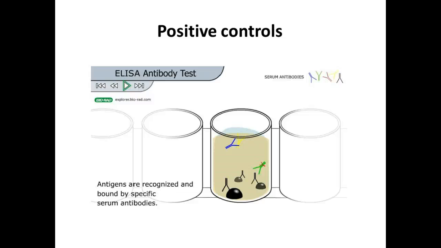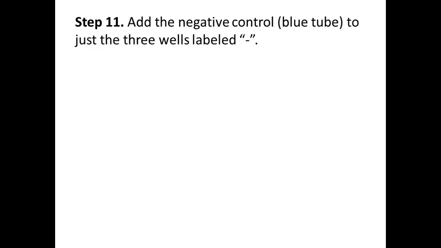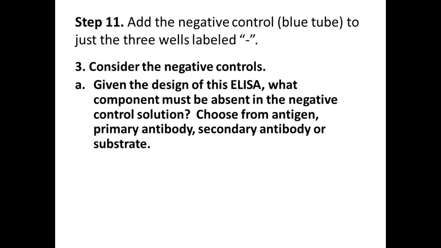So our positive controls are going to have the specific antibody to the specific antigen. So in this case, it's the black binding to the black, and then all the rest will be removed when we wash. Our negative samples, we're even going to do a negative control here, to be sure, because remember it's a multi-step process. What do you have to have in order for it to be positive that has to be left out of your negative control sample?